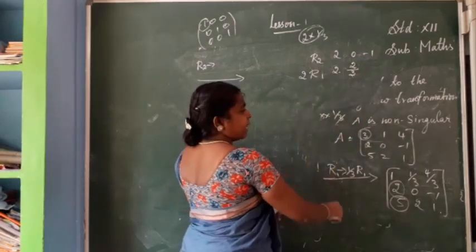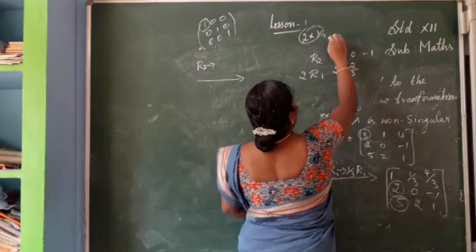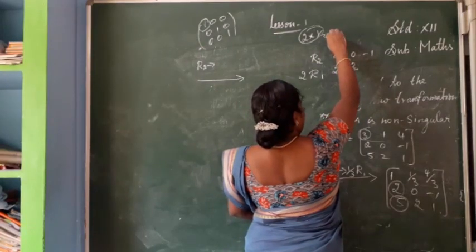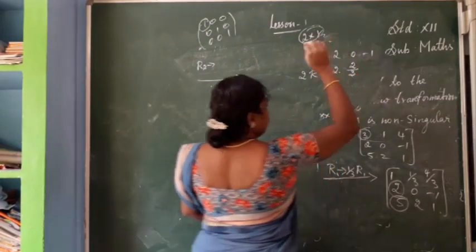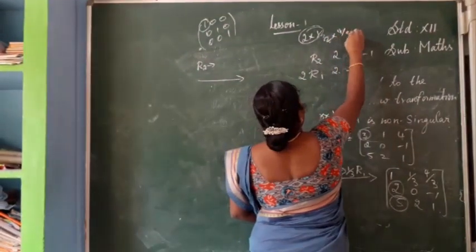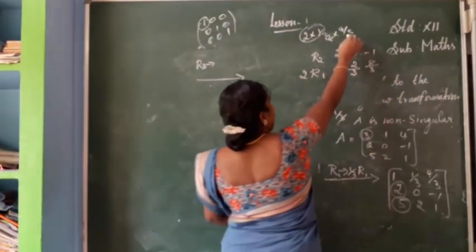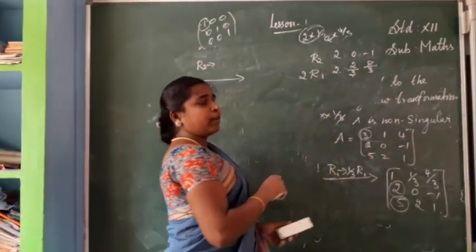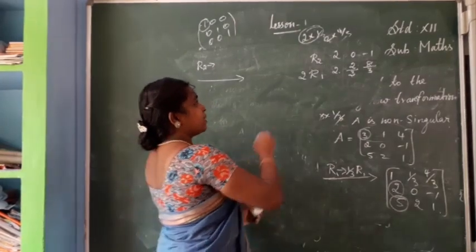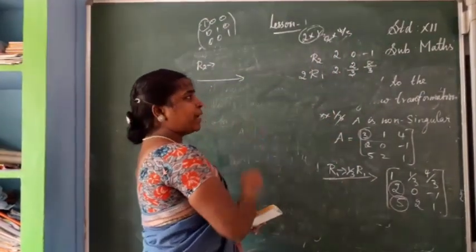Like that the next term also: 4 is there, so 2 into 4 by 3. 2 4s are 8, so 8 by 3. You should not multiply the denominator here, this is multiplication, so numerator into numerator.